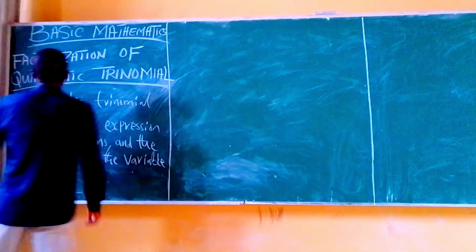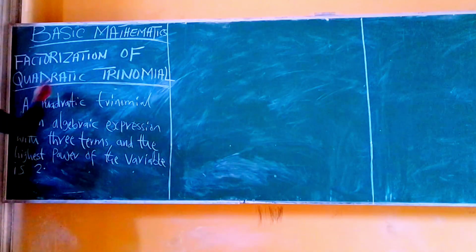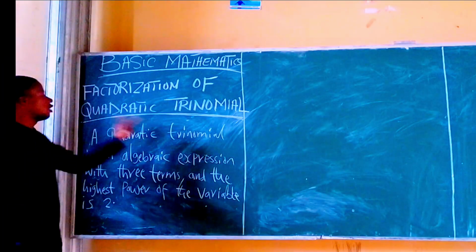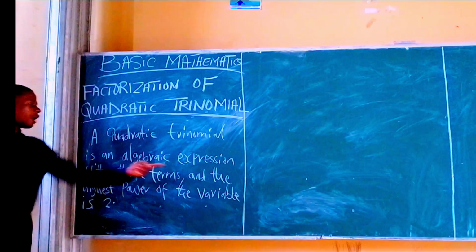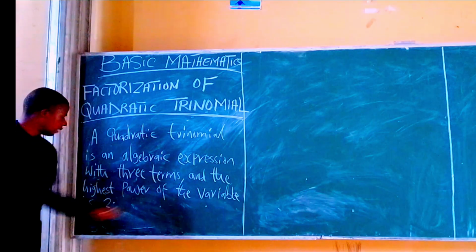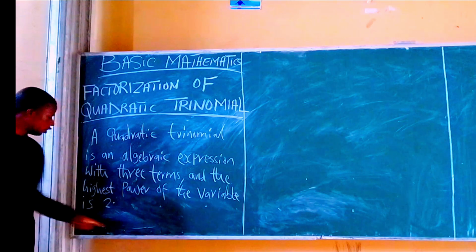Now, today we are looking at factorization of quadratic trinomial. A trinomial or quadratic trinomial is an algebra expression with 3 terms, and the highest power of the variable is 2.